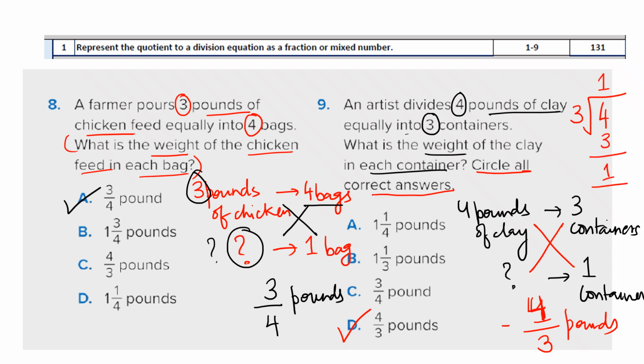So I can convert this to mixed fraction. 1, which is the quotient, and the remainder 1 is divided by the denominator by which we divide. So 1 and 1 over 3. So there are two answers, B and D. What is the difference? This is a normal fraction and this is a mixed fraction. Both are correct. Two answers for this question.